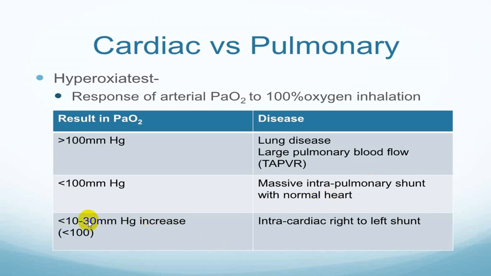And if you give less than 10 to 30 millimeter of mercury and slowly increase to 100, then it suggests intracardiac right to left shunt. These are the ways you try to differentiate. This is one of the methods to differentiate these three groups by giving hyperbaric oxygen, which we call the hyperoxia test.